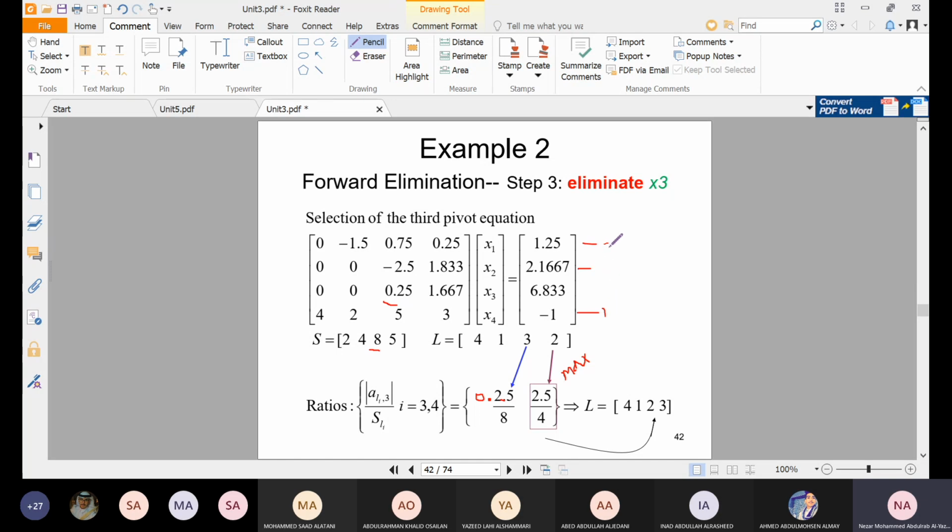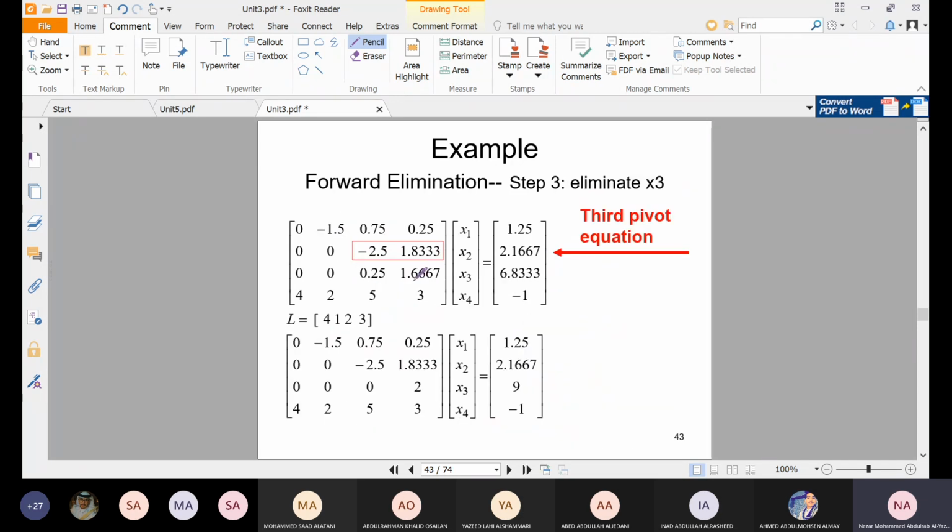Number 1 is the first, this is the second, and this is the third. That means I want to cancel this coefficient to make it 0. To make this 0, I will use Gaussian elimination with the help of the second buffed row. I will not use the first buffed equation. I will use the third buffed for this step.